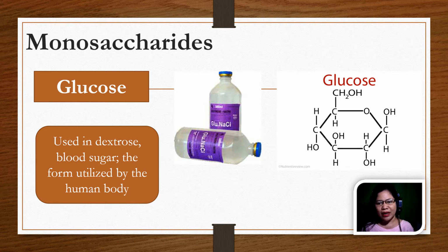So that is the chemical structure of glucose. Now, if you observe, glucose has three main elements present. You have there the carbon, the hydrogen, and oxygen.